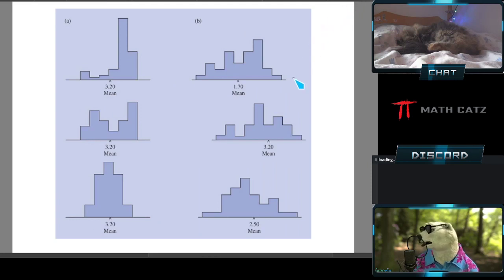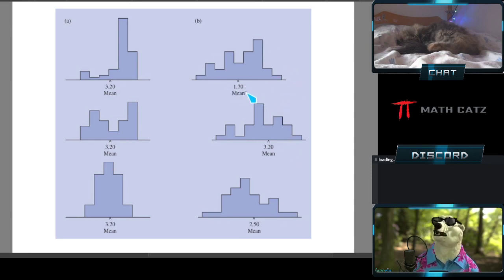Now, let's have a look at these few histograms. Let's look at B first, this right side, where the distribution is pretty much the same. Not exactly the same, pretty much the same. Previously, we want the measure of center, the mean, to give me an indication of where this distribution sits.